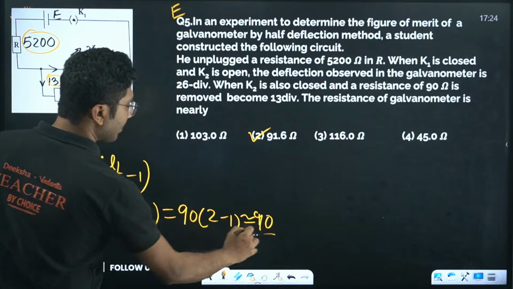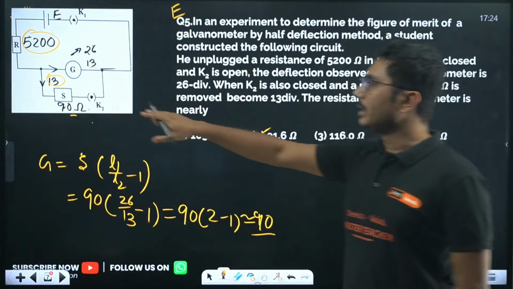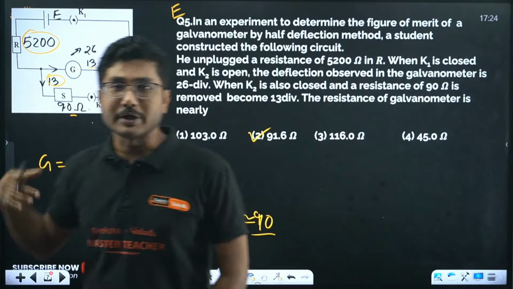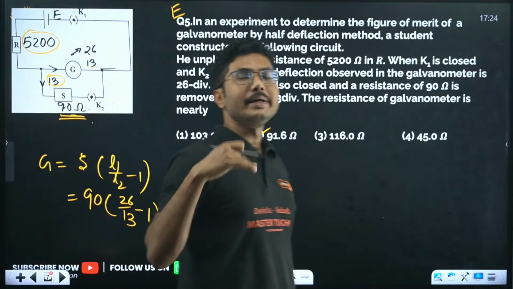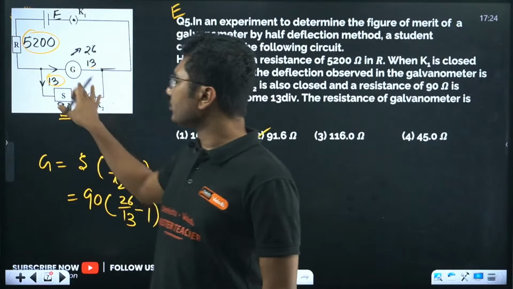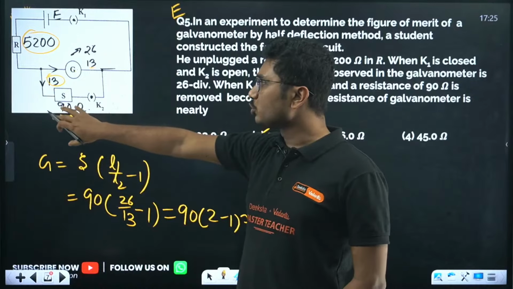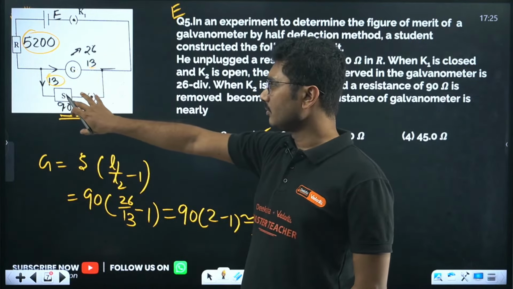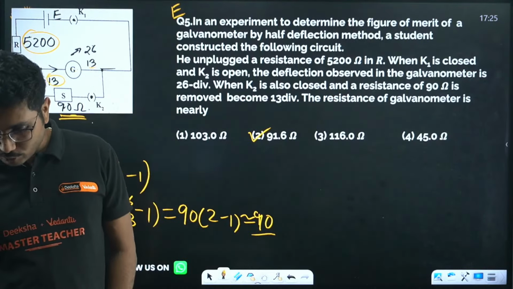So this is the importance of half deflection method. Half deflection method gives you the resistance of the galvanometer close to this value where you actually get the half deflected current, okay, that is the logic. So that formula you use, or you remember that half deflection method gives the resistance close to the resistance of the shunt. So that is one point you have to remember.